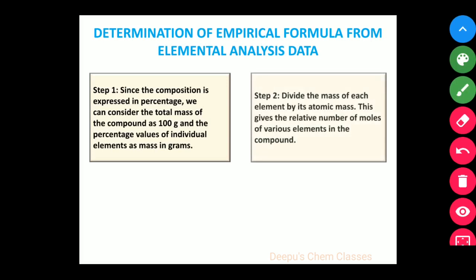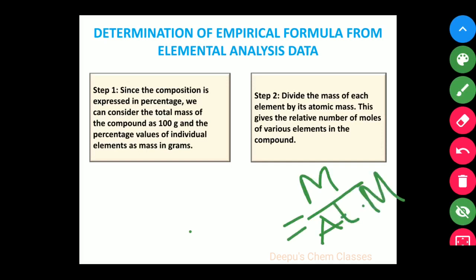Then second step, we have to divide the mass of each element by its atomic mass, or you can say molar mass. So remember one thing, mass divided by atomic mass or molar mass is simply said to be number of moles.